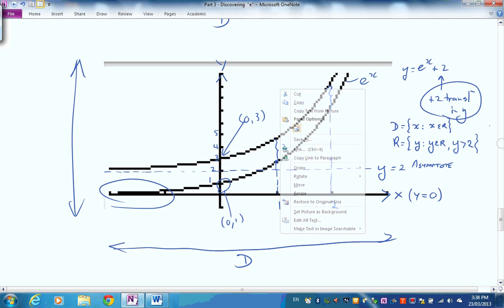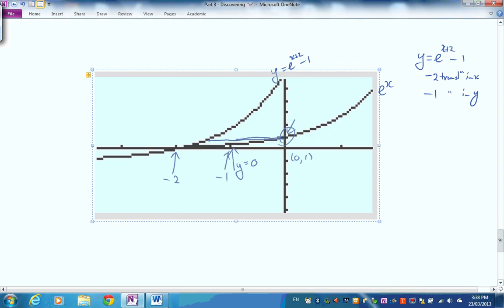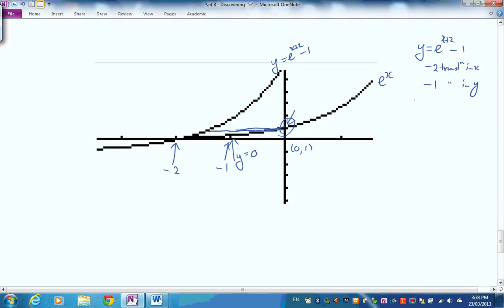So here then, I'll just come down and have a look at that one again. If we take this value here for 1 and we move it across 2 units, it should be lining up somewhere about there.